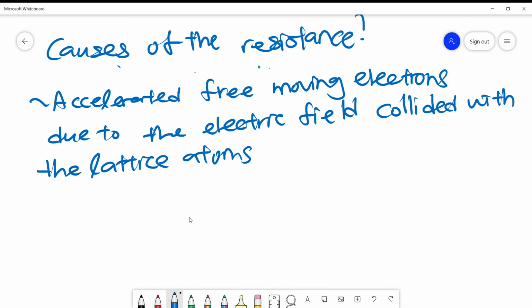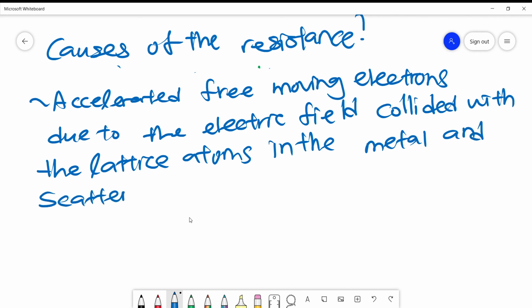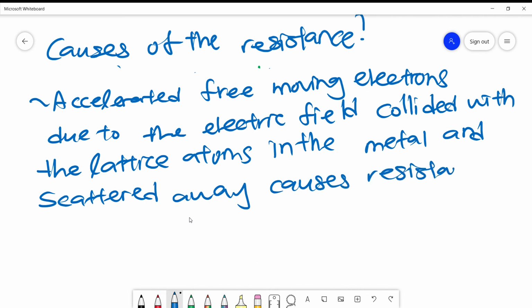I write it as lattice atoms, which is also acceptable. In the metal, and scattered away. Causes resistance. So after colliding with the lattice atoms and scattering away from them, the electrons cause resistance.